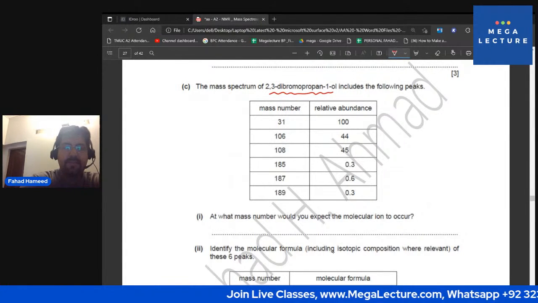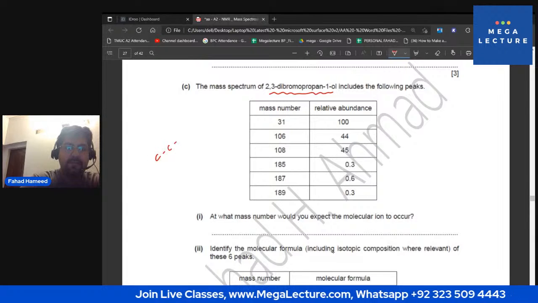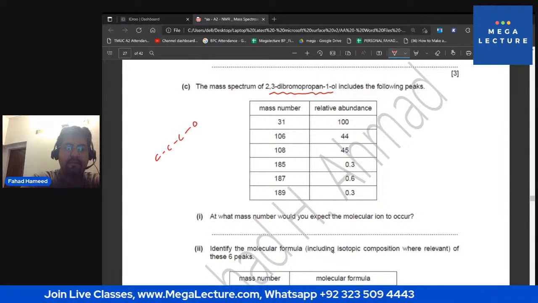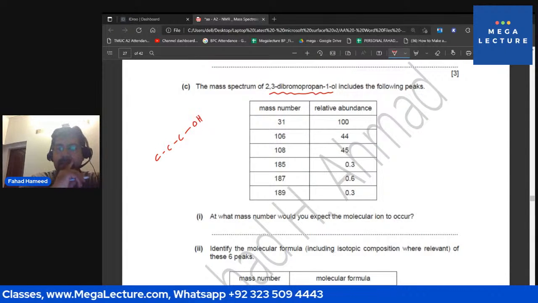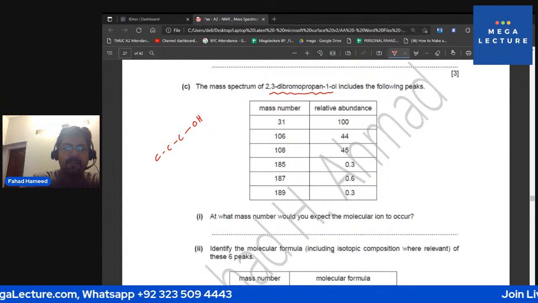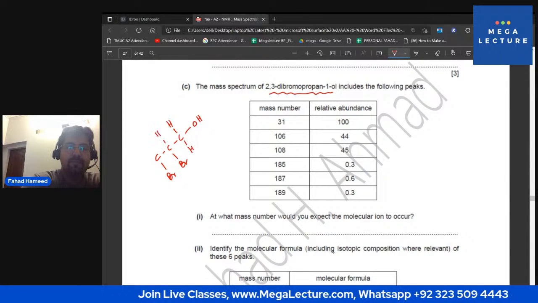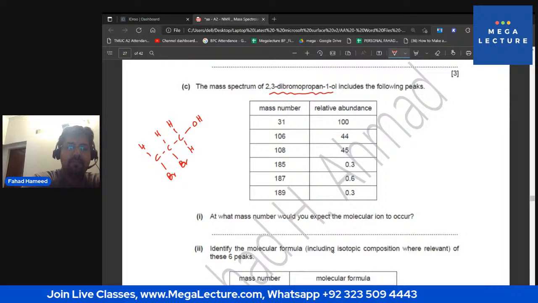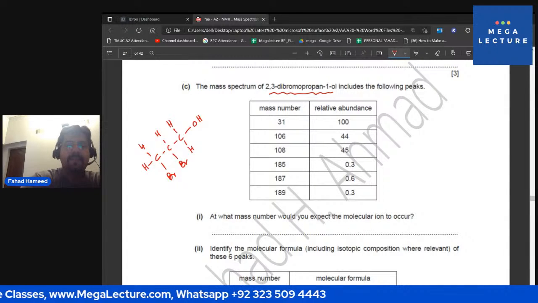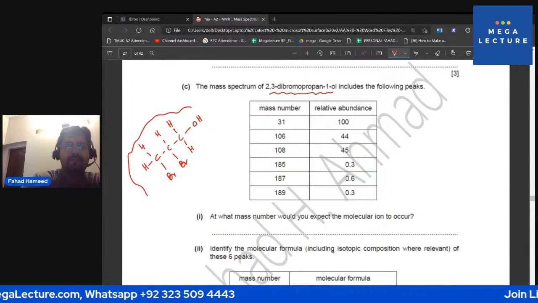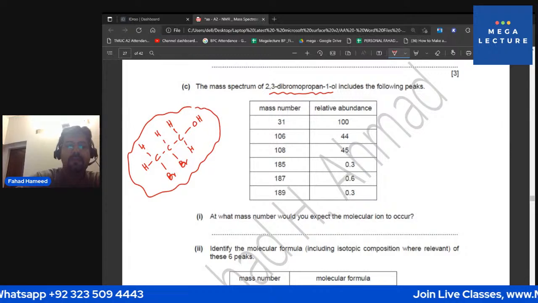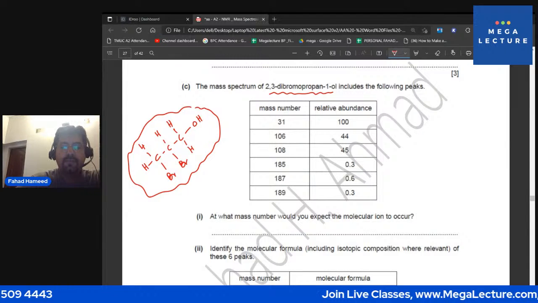So let's draw that propan-1-ol, and it's 2,3-dibromo, so on carbon 2 there's a bromine, and on carbon 3 there's a bromine, and you've got all these H atoms. So this is 2,3-dibromopropan-1-ol. So what are the fragments?